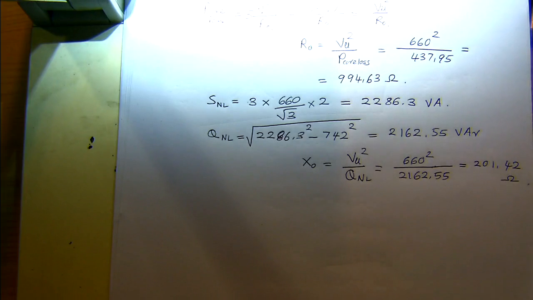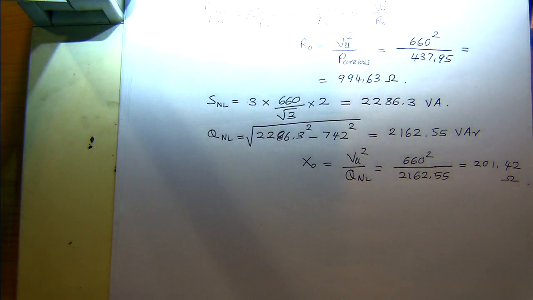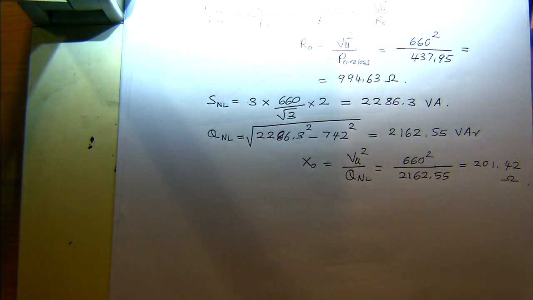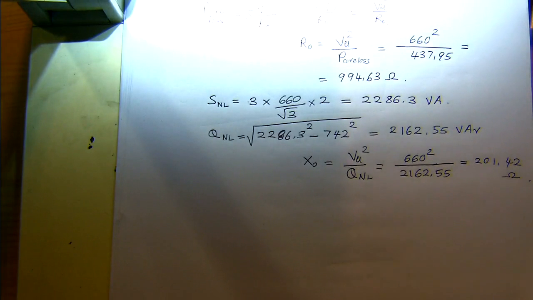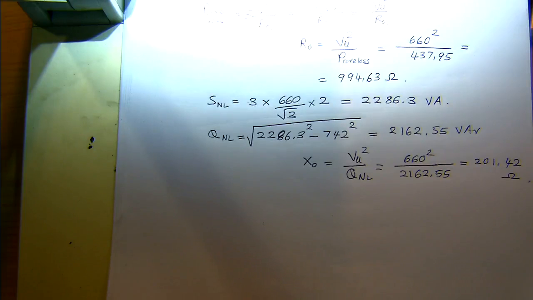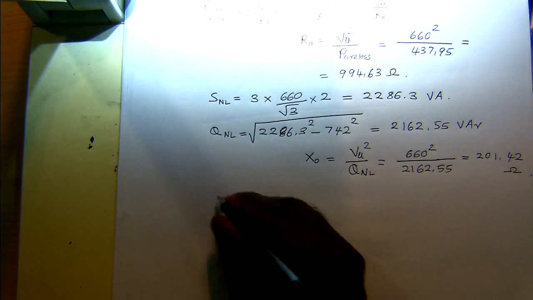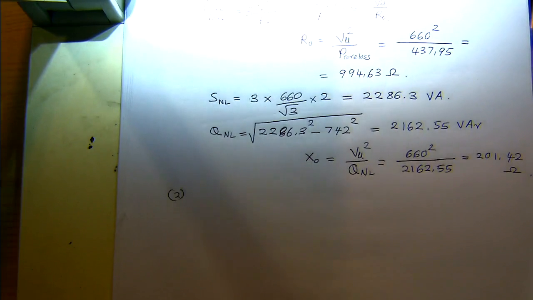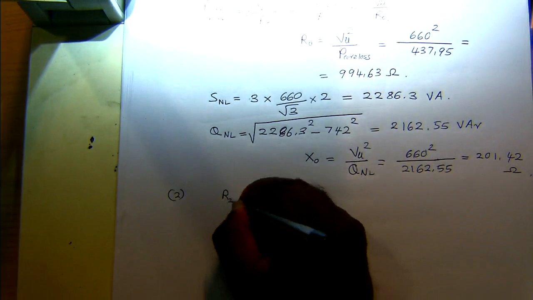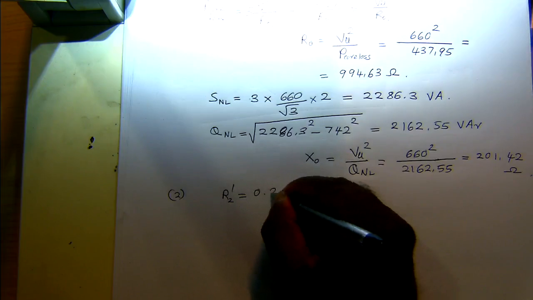So the second part of that is to calculate the stator resistance with the use of the earlier calculated value of the stator referred rotor resistance. We calculated the stator referred rotor resistance, that's R2 prime, as 0.2967.